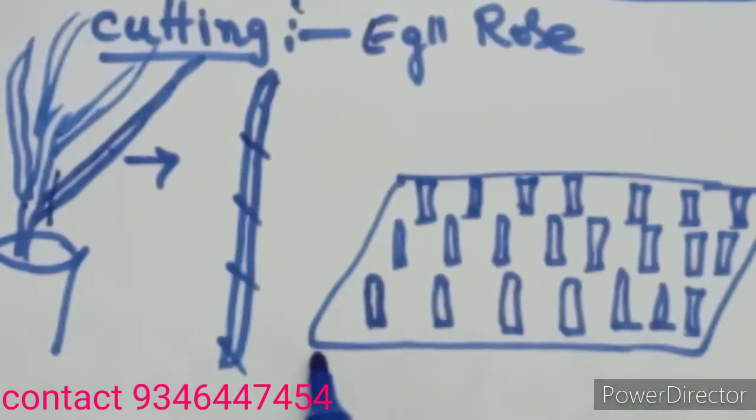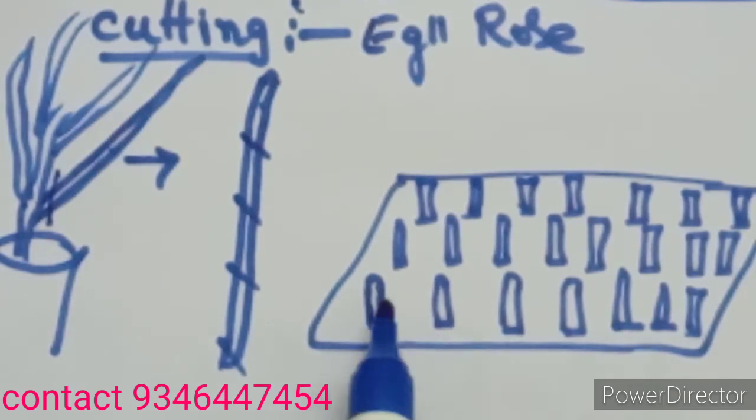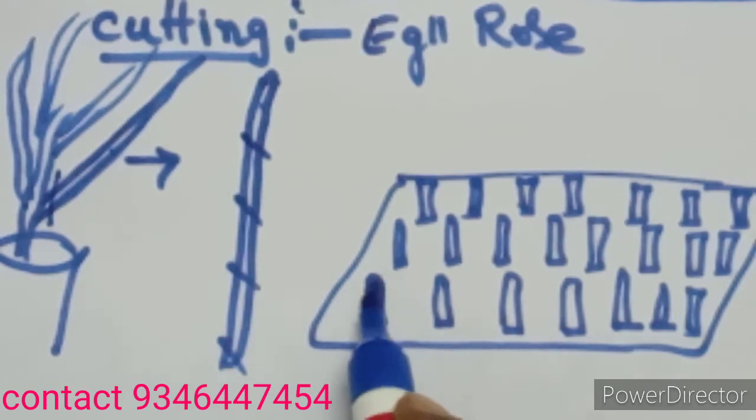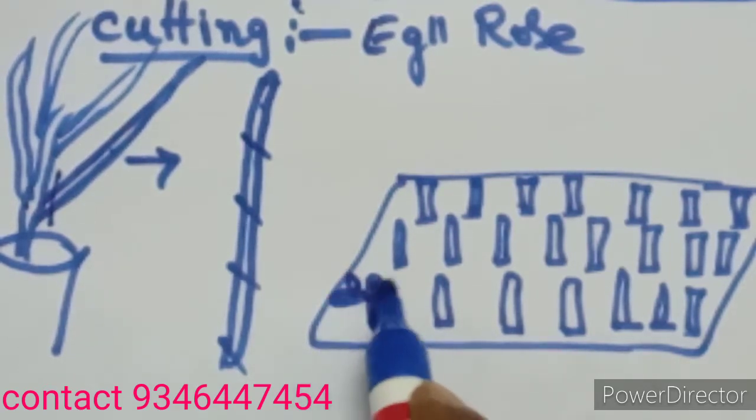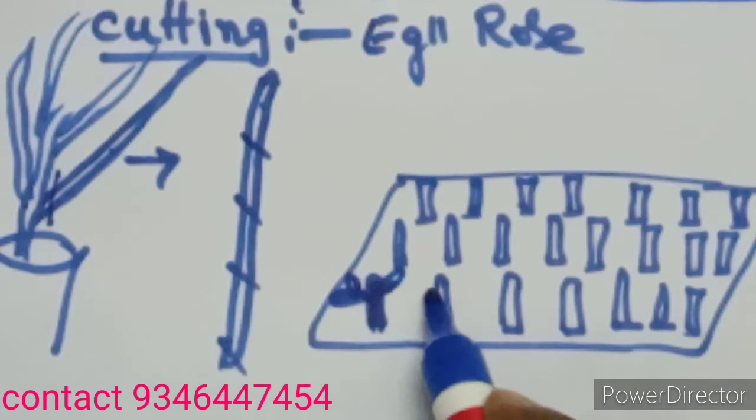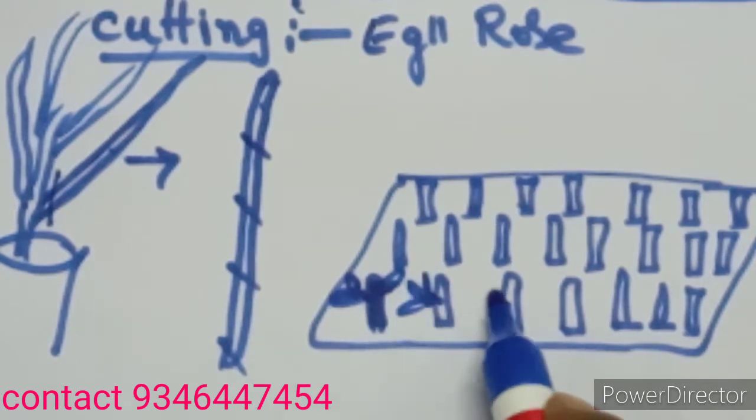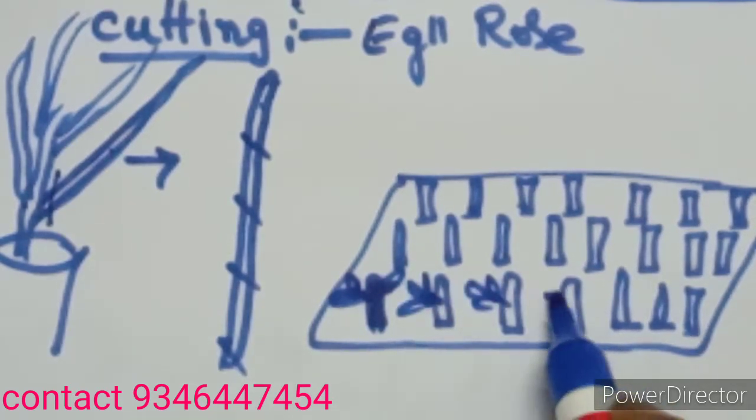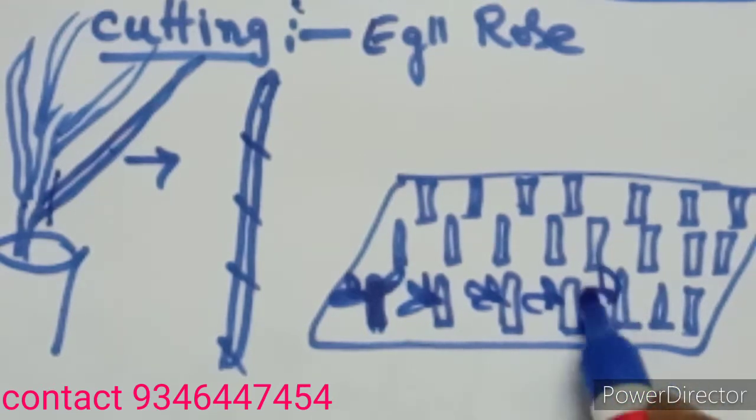After 10 to 15 days, every rose cutting produces small leaves. This cutting also produces small leaves, and this one also.